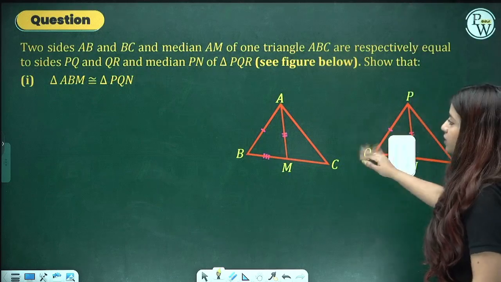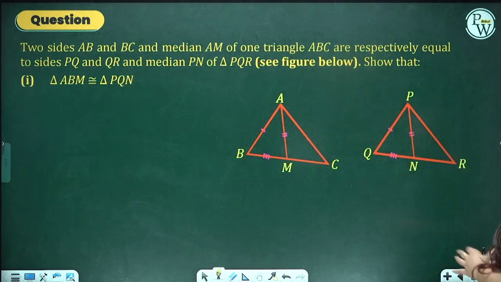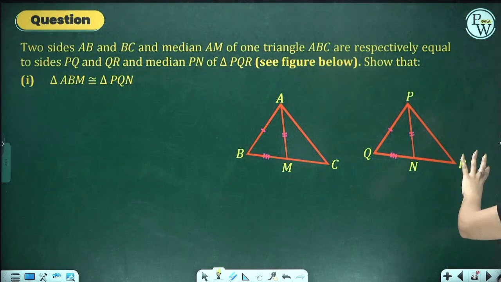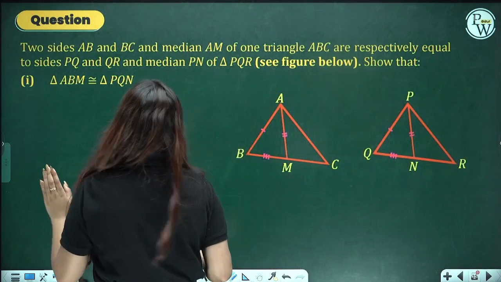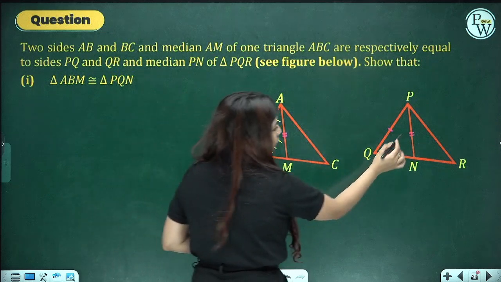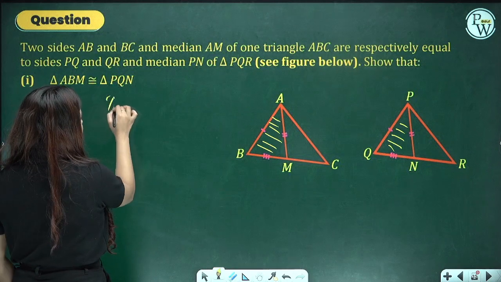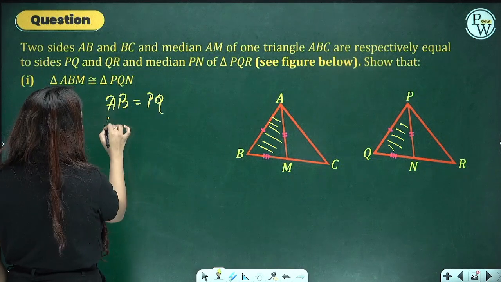The next question that we have over here is: two sides AB and BC and median AM of one triangle ABC are respectively equal to sides PQ, QR and median PN. We have to show that triangle ABM is congruent to triangle PQN, and it is very simple, students. We can clearly see that AB is equal to PQ, given in the question.